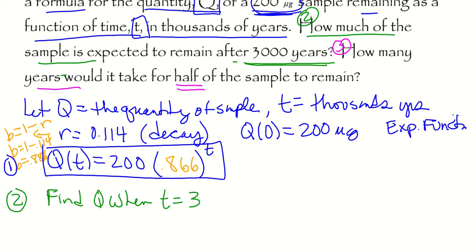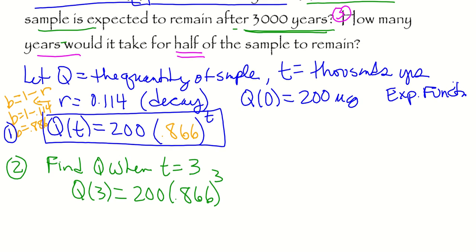So if I need to find Q when T is 3, then I'm finding Q of 3, which based on our formula will equal 200 times 0.866 raised to the 3. So I put that in my calculator and I get that Q of 3 will equal 139.101 micrograms. So I know that after 3,000 years, I would expect there to be about 139 micrograms of this substance.